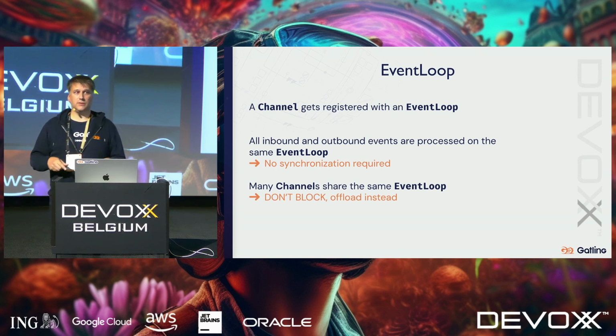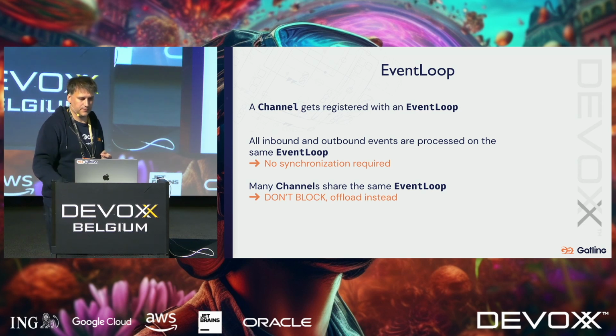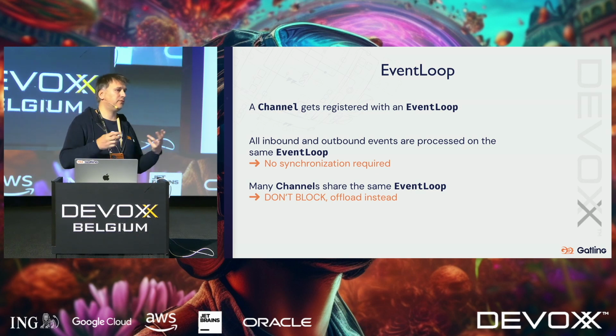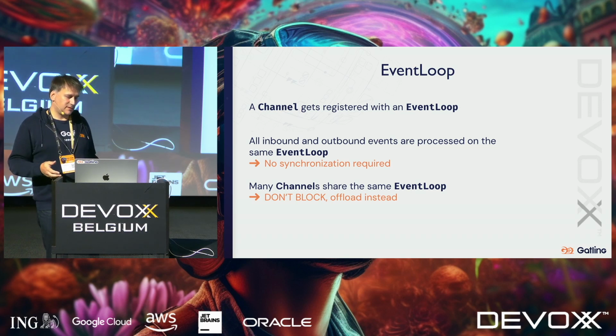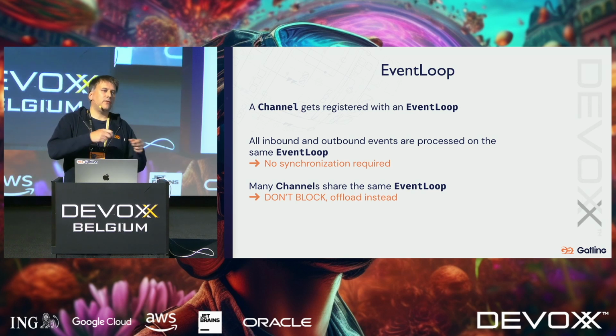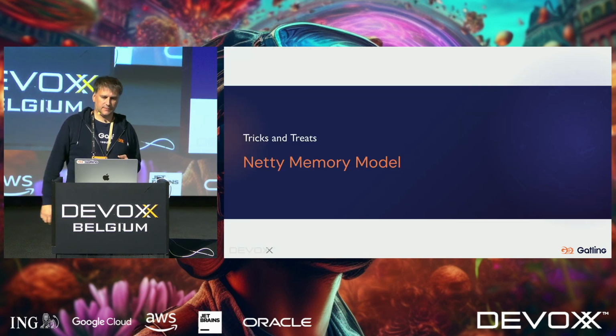Because if you do that, you're not only going to block the current channel, but also all the other channels that have been registered with the same event loop. So if you need to perform blocking things or long computations on some I/O events, you should better offload them to a dedicated pool of threads.